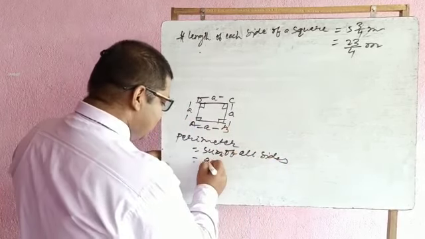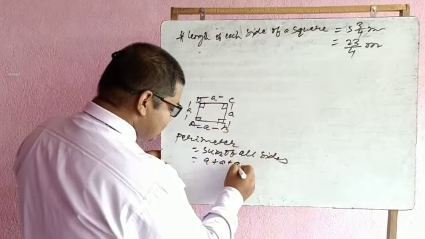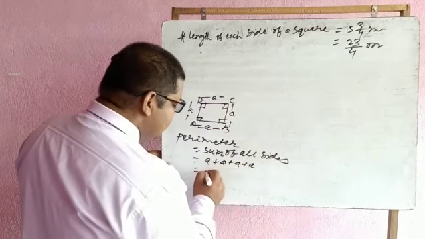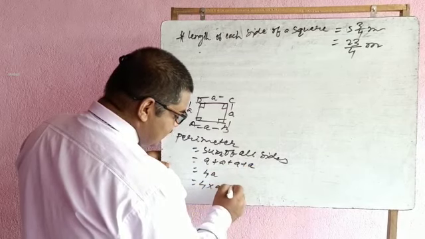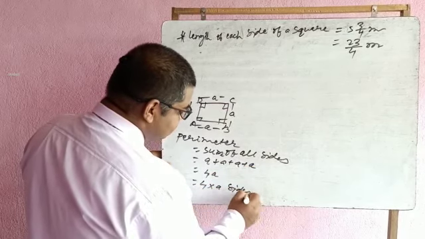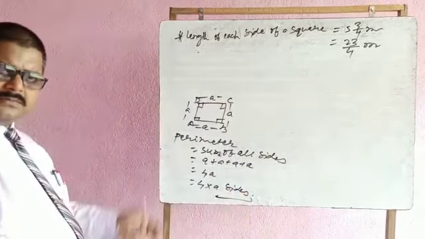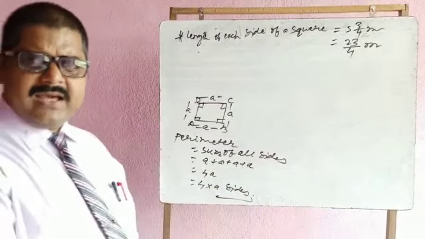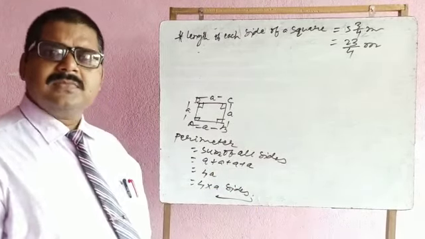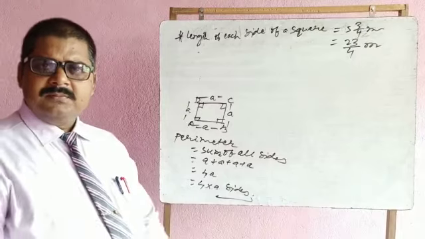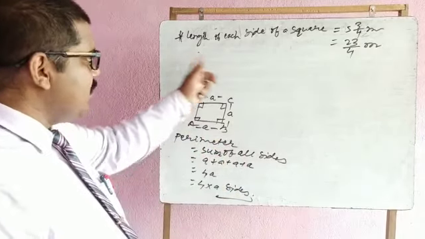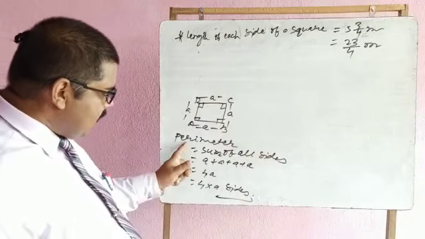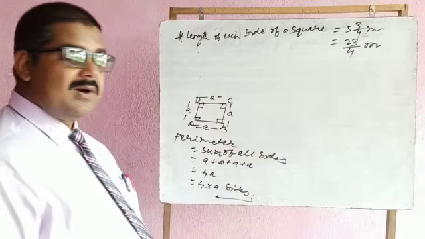It means A plus A plus A plus A, which is equal to 4A, meaning 4 into the side A. A square tells you that I am a member of polygons, one of the members of polygons. And in this question, you need to find the perimeter of the square.